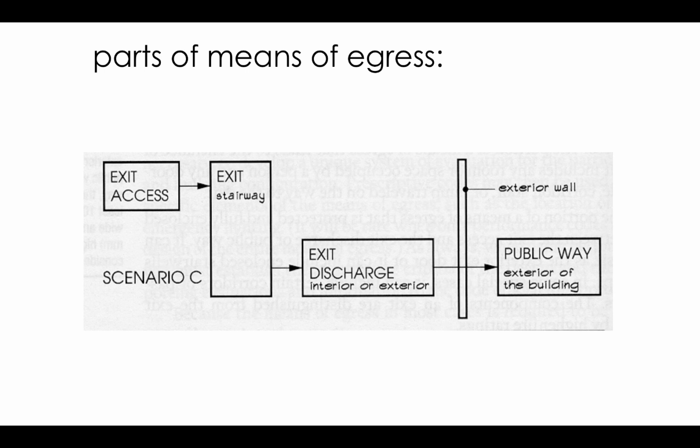But that exit access gets you to either a stairway, or to an exterior wall where you can get out, or a fire separation wall in the case of parts of our project. So there are sub pieces. The stairway itself is what's considered an exit, and the exit discharge is some interior space that you sometimes have to go through to get to the public way.